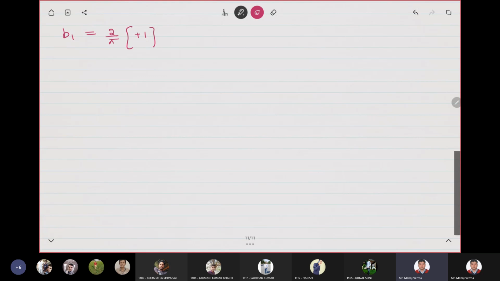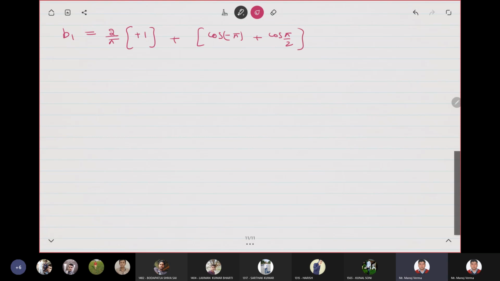n pi by 2 will become sin pi by 2. Sin pi by 2 is plus 1, plus cos of minus pi plus cos pi by 2. For n is equal to 1, this term will simplify to this one.